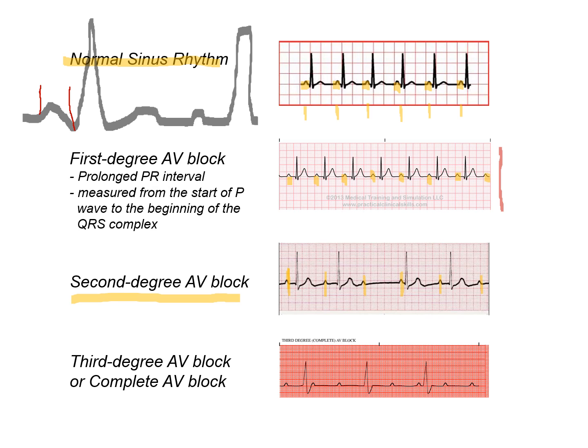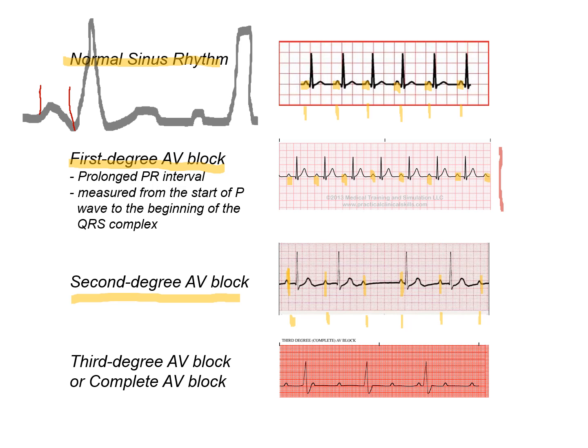Each of the P waves is steadily appearing at the right time, but occasionally the signal doesn't get through the AV node, so there is no depolarization signal going down into the ventricles, and you miss that QRST. That's a second degree heart block, and that's certainly more serious than the first degree.